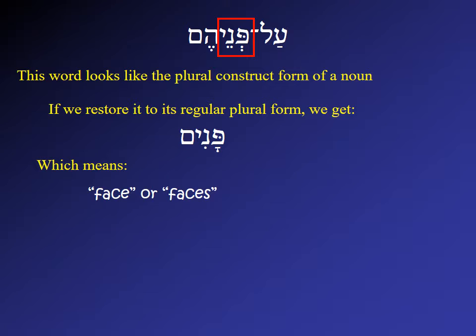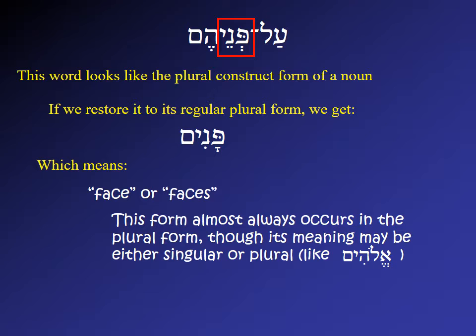It literally means faces, plural, or maybe cheeks. In Hebrew, panim can be translated either in the singular or in the plural. It can mean either face or faces. In this case, because there's a crowd of people, it's going to mean faces.